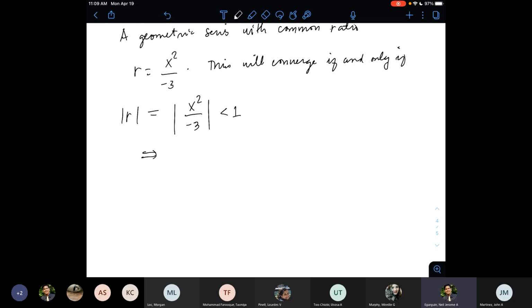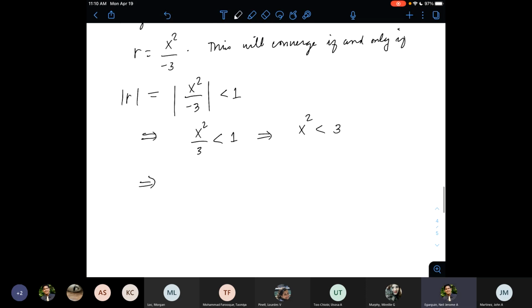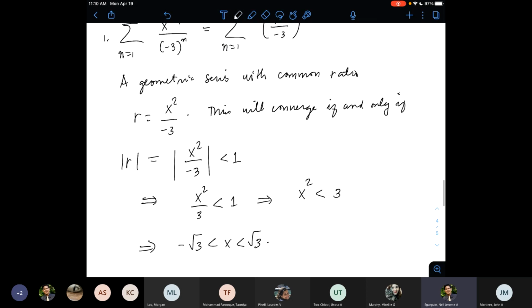We can say that this would be x squared over 3 less than 1, implying x squared is less than 3. Okay, so this means that x is between negative root 3 and positive root 3.